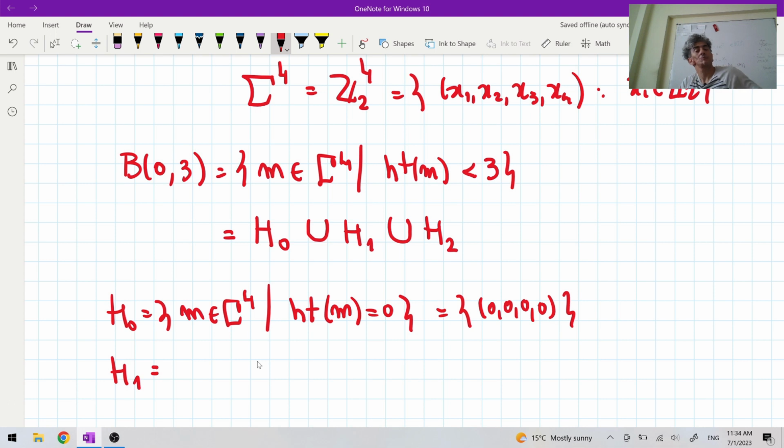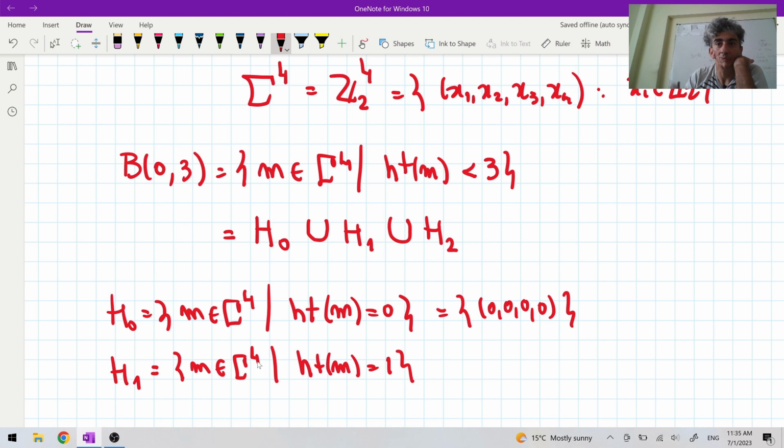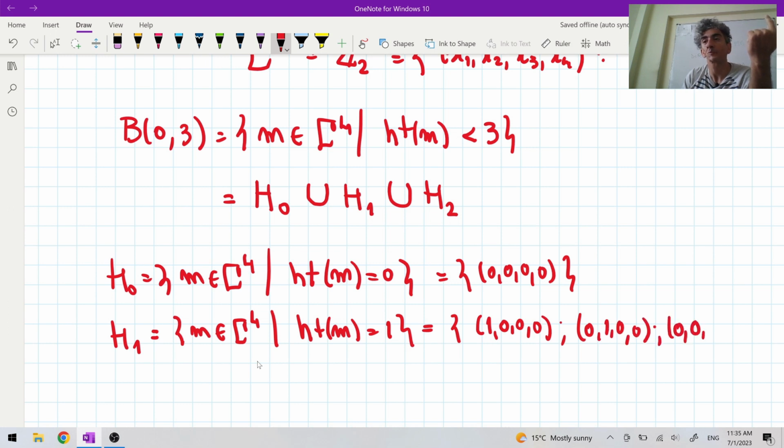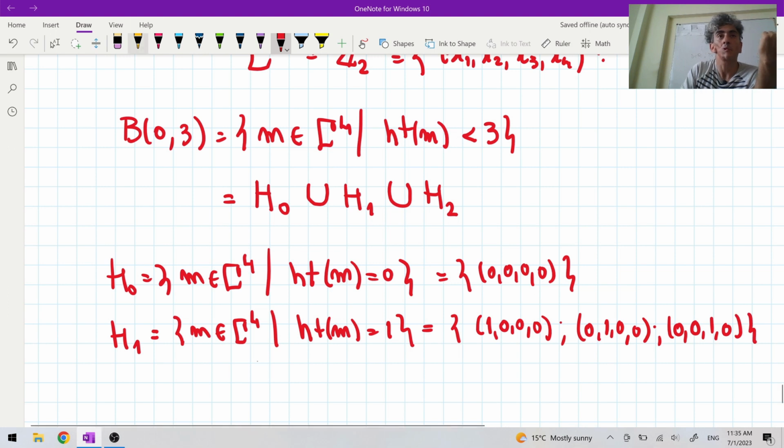Okay, what about the elements of height 1? The elements of height 1 are all the vectors in sigma to the 4th which have exactly one element which is non-zero. In this case, since the alphabet has only 2 letters, we only have these 4 elements, right?